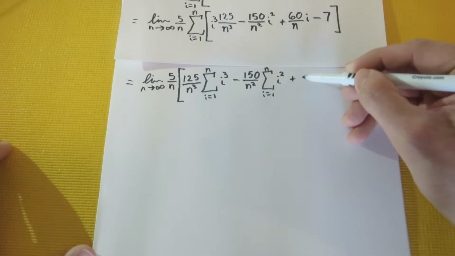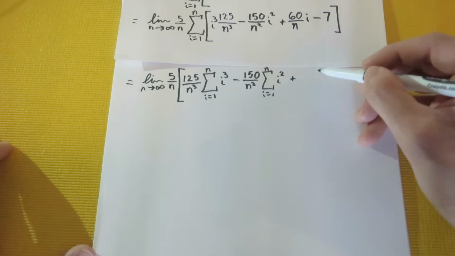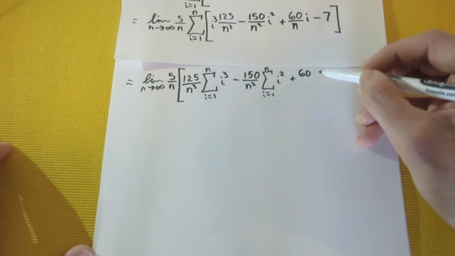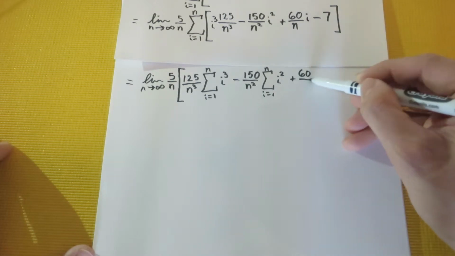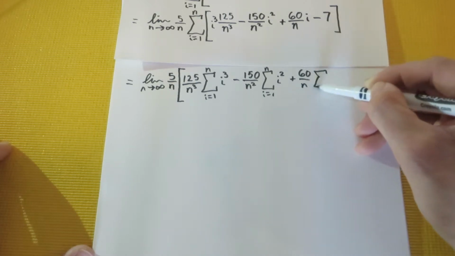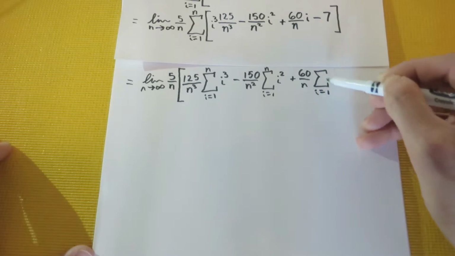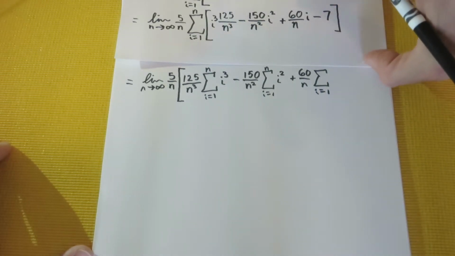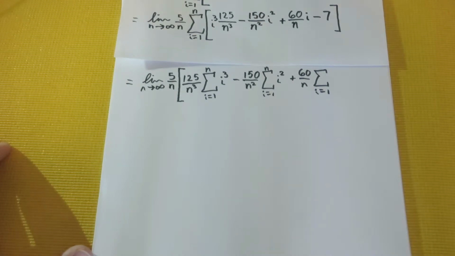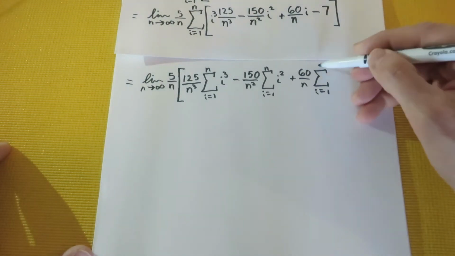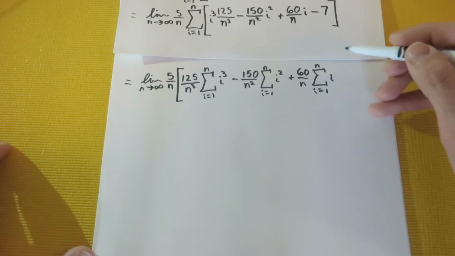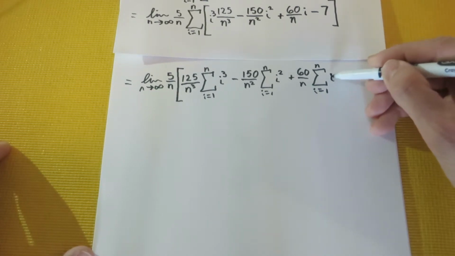And we're going to pull out another constant, plus 60 over n times the sum from i equals 1 to n of just i. It's supposed to be an i.